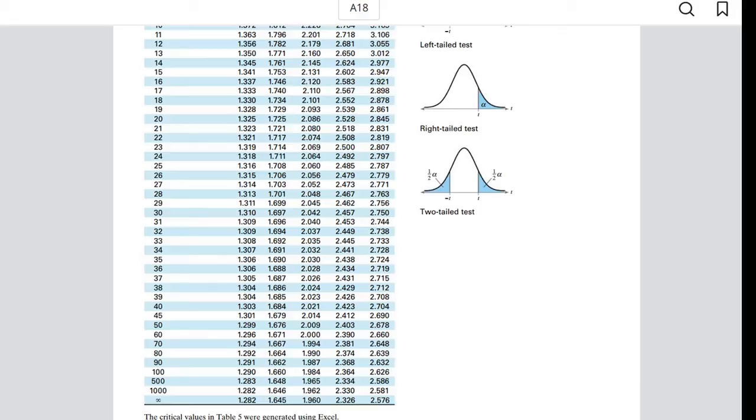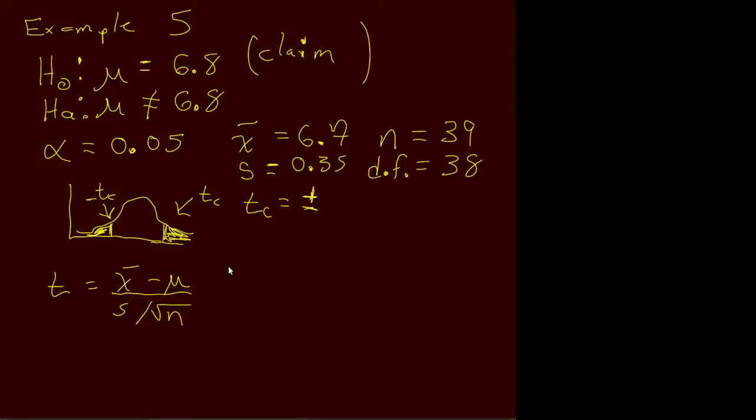So I'm going to come back here, go back to the blackboard, and my critical value regions are plus or minus 2.024. And so I do not want to fall in this rejection region coming across, or I will reject the claim, right?